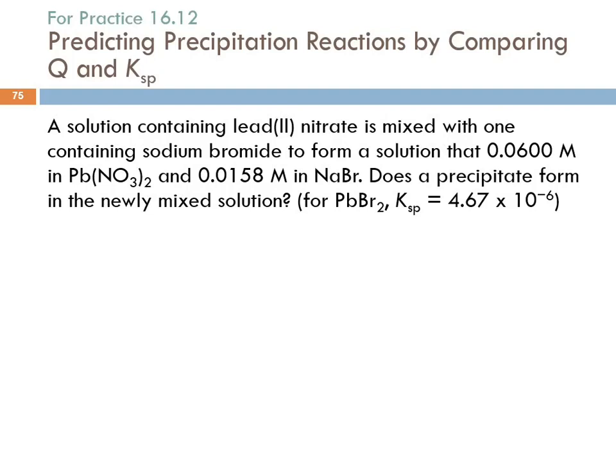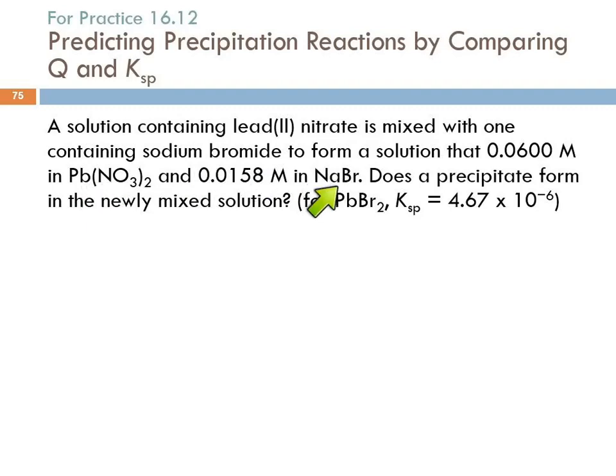Well, the first thing we have to do is identify the potential precipitate. And so in a question like this, you probably want to write out the balanced chemical equation. So I need a color that's visible first. We need the formulas for these reactants, which are actually given right here.